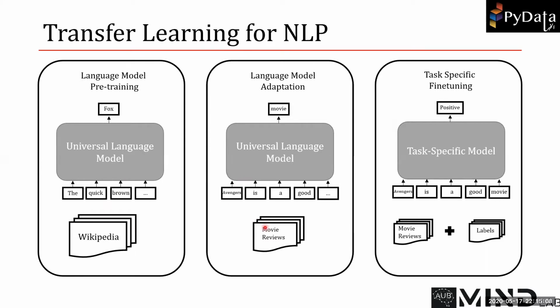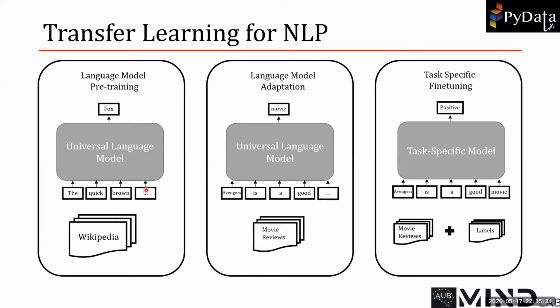Sometimes it varies a lot. Maybe my data set here is from the medical domain, so there will usually be very little overlap in the vocab. For that, I also have to continue the pre-training of the first model. I do the same task on my new, smaller data set, so I adapt my language model to the new domain.